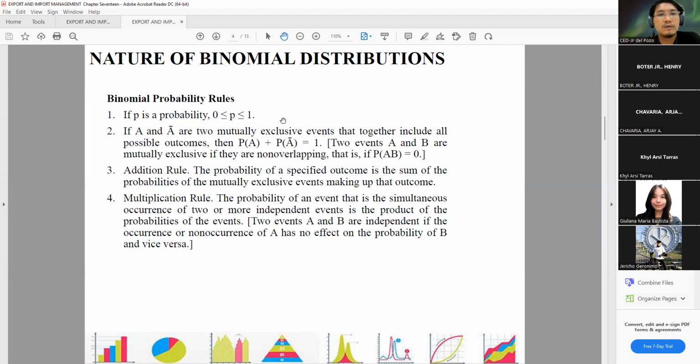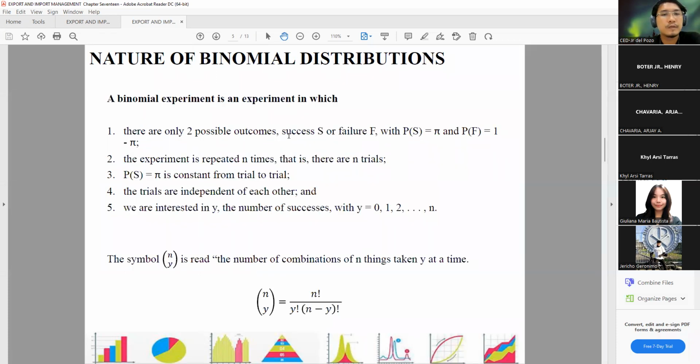Okay, so na-explain na tong probability rules. So there are only two possible outcomes for a binomial experiment, the success and the failure. So parang gato lang yan, true or false, 0 and 1. So yung mga ganon. With P(S) equal to pi, the probability of success is pi, and the probability of failure is 1 minus pi.